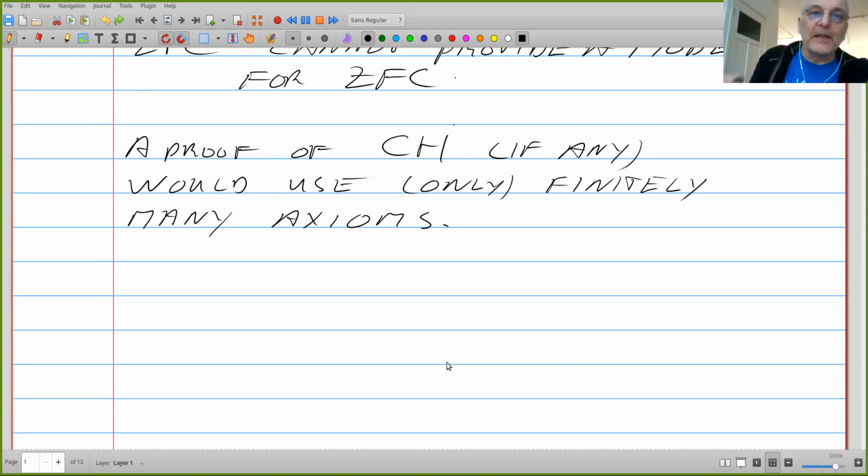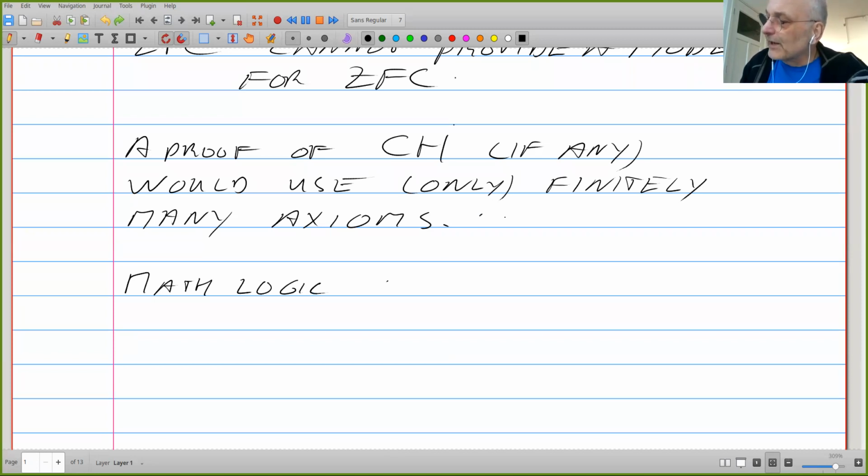And even mathematical logic helps us here, because of what I just mentioned about the logical consequence. Math logic says, say phi 1 up to phi k, let's call those axioms, I don't really care what they are.